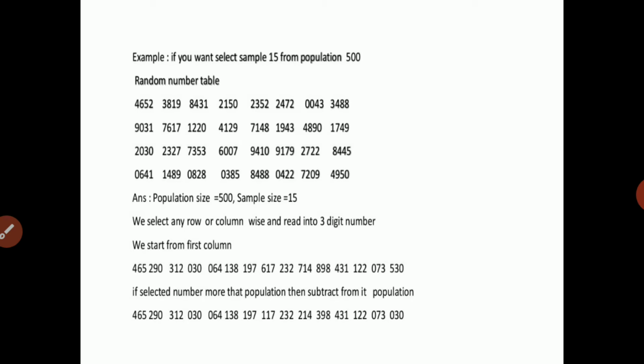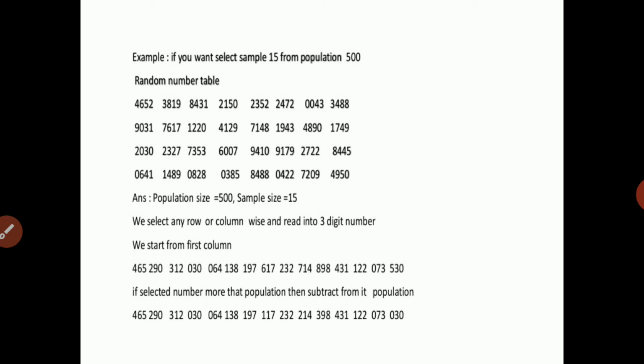Now our total population is 500, which is a 3-digit number, but in this random number table we have 4-digit numbers. So we can select any column or any row to select our sample.